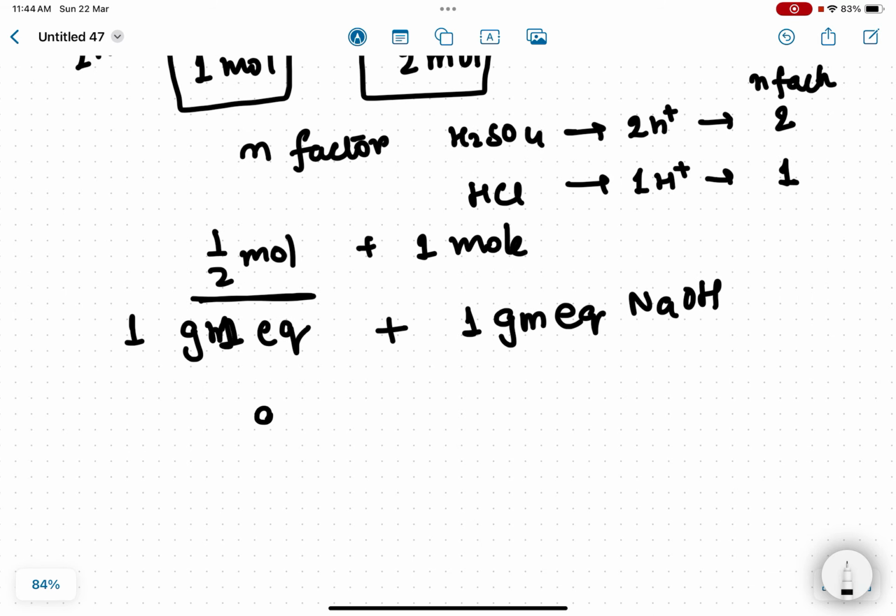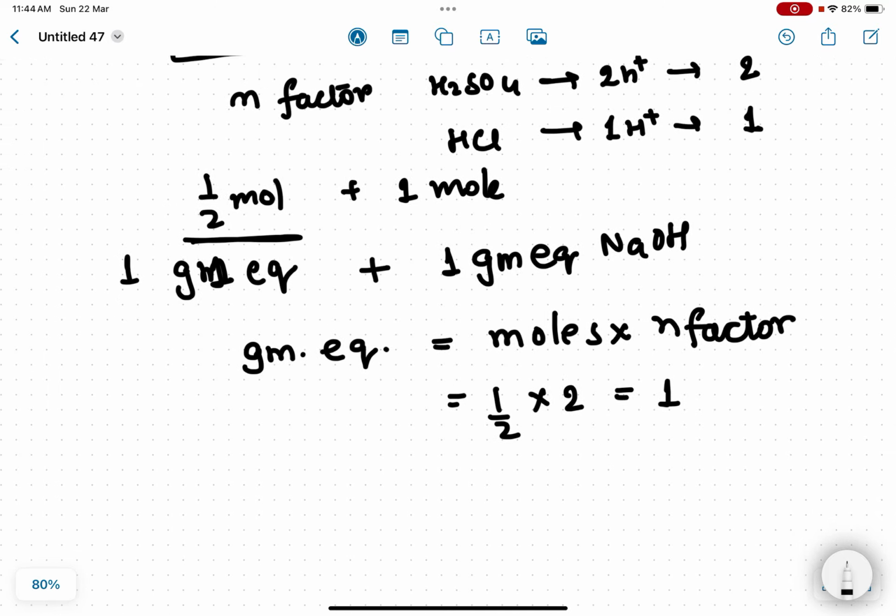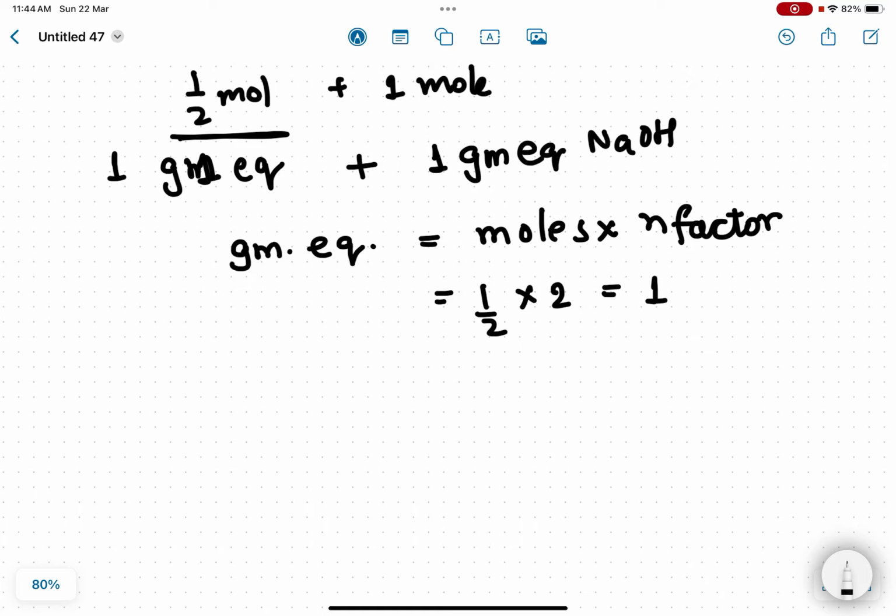So gram equivalents are defined as moles times N factor. Here, half a mole of H2SO4 was neutralizing 1 mole of NaOH, so 1 gram equivalent of H2SO4 is neutralizing 1 gram equivalent of NaOH.